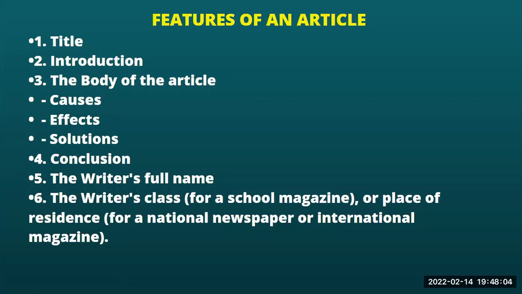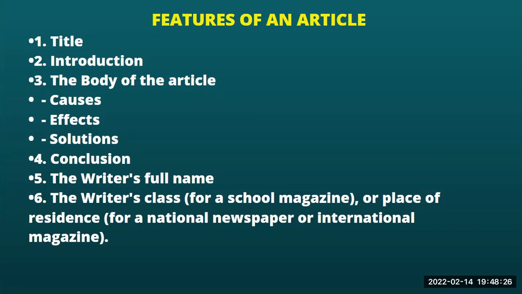The first thing that you must write in an article is the title, all right? Now, this is followed by the first paragraph where you introduce the topic for discussion. So that is the introduction, paragraph 1.